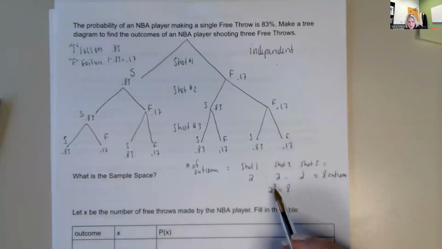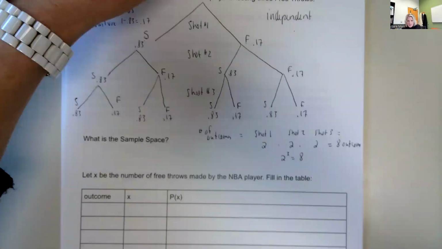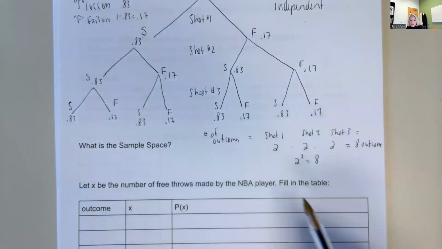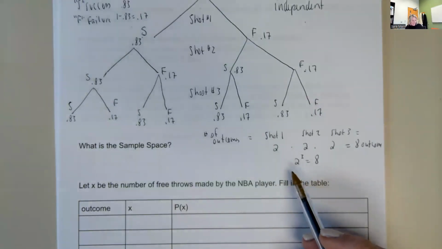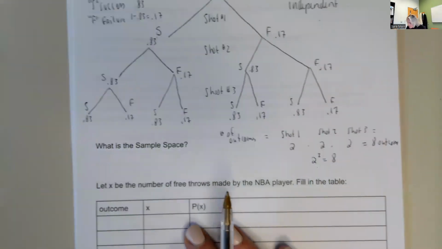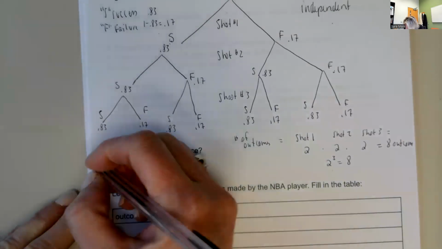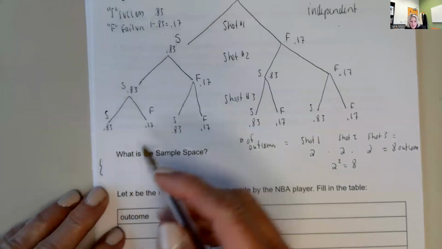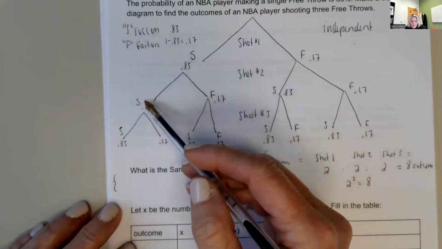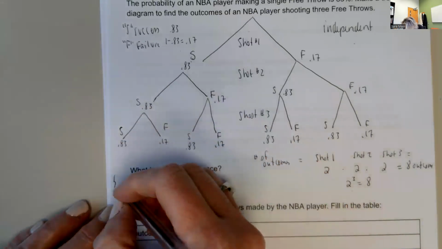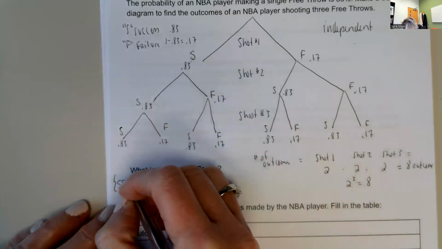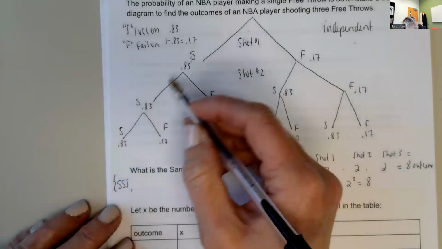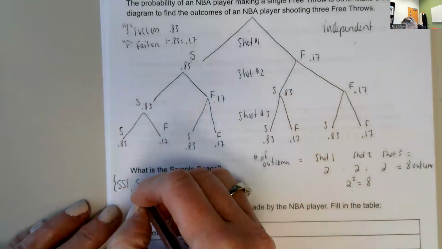So 3 is the number of times you're running the experiment. And 2 is the number of outcomes, number of ways to have each experiment turn out. So let's list our sample space. That's always listed in brackets. So we could have success, success, success. Success, success, failure.